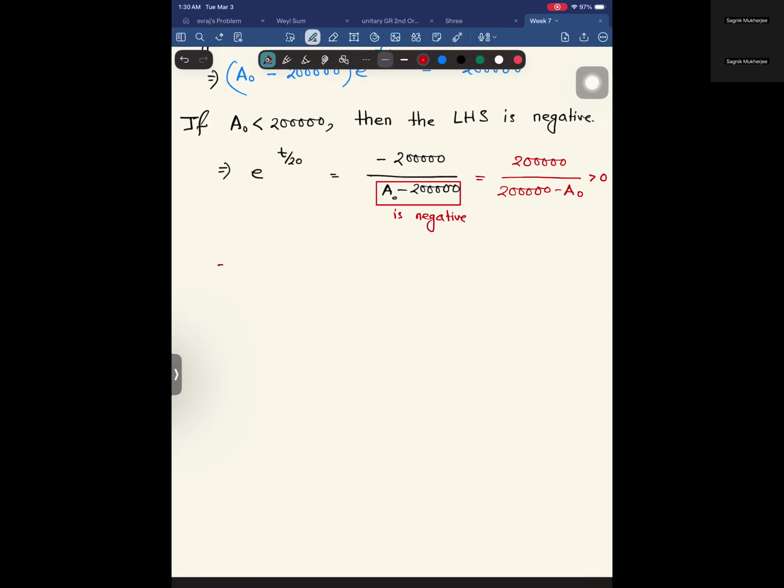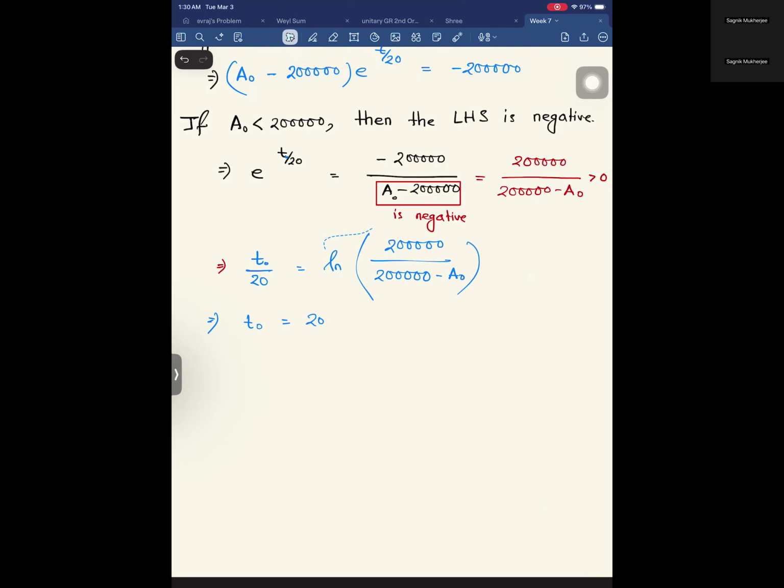So there is no harm for me to take log now. So t over 20 is log of 200,000 over 200,000 minus A0, meaning, sorry, this should be t0. t0 is 20 times this guy, right?